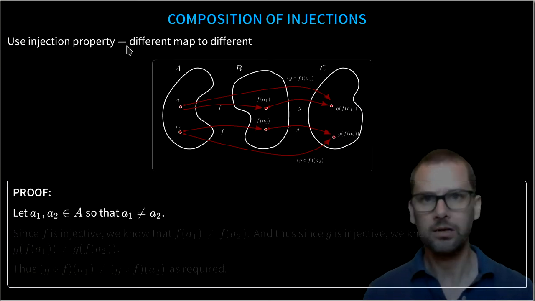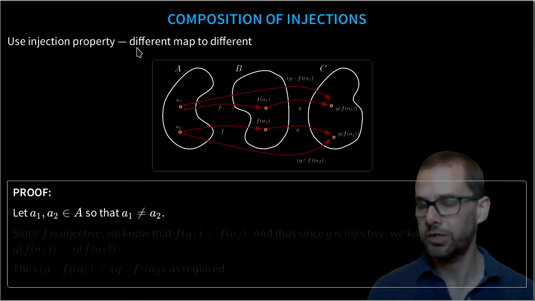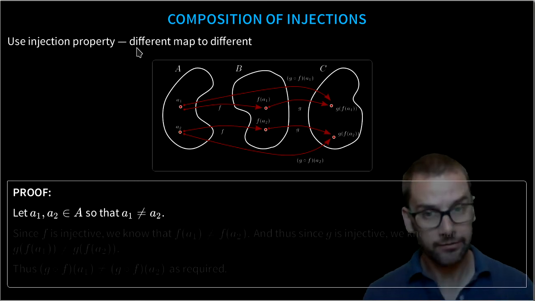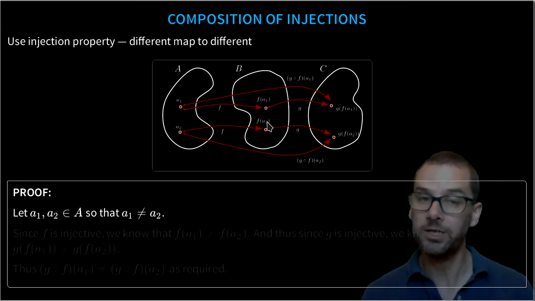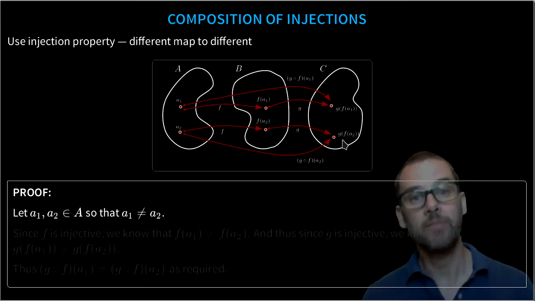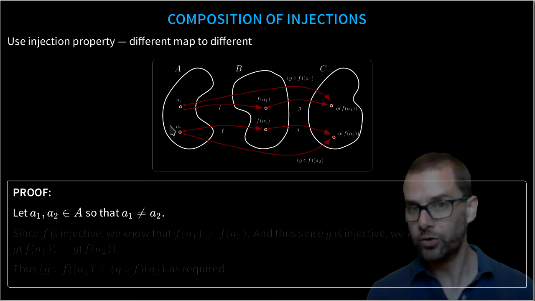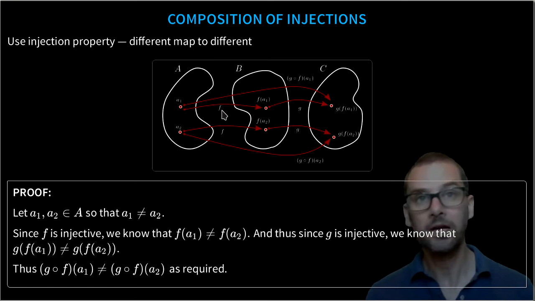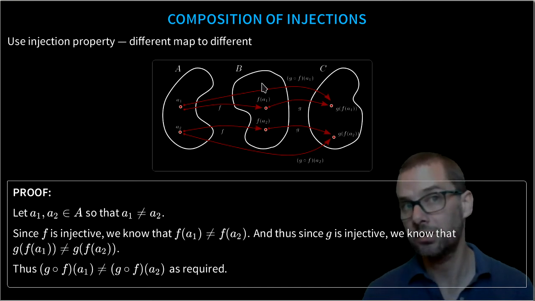So let's take injections and show why it works. Let's use the injection definition of different maps to different. If we have different objects here in A, they're going to map to different objects in B, and then they're going to map to different objects in C. So let's take two points here in A that are different. Because the function f is injective, we know that the images of those points have to be different. That's what injective means.